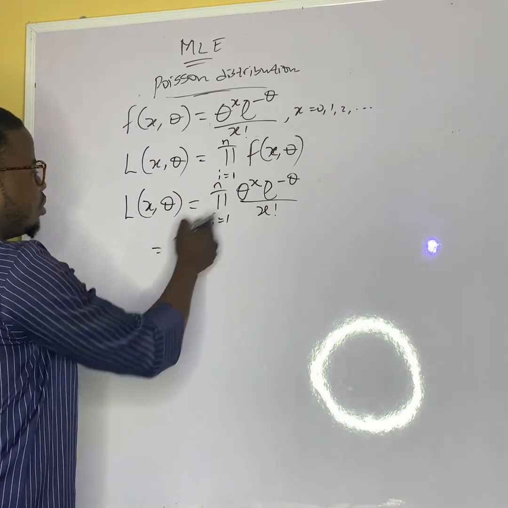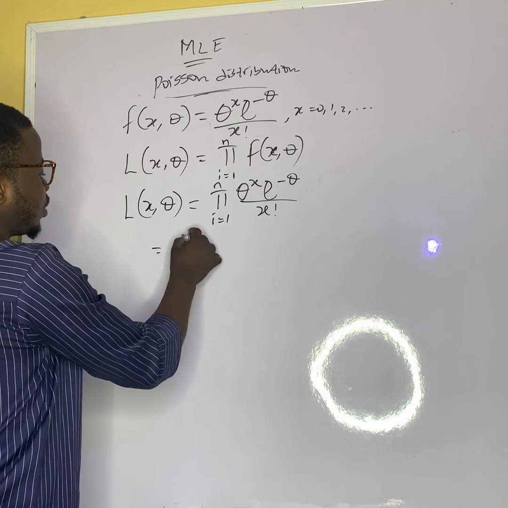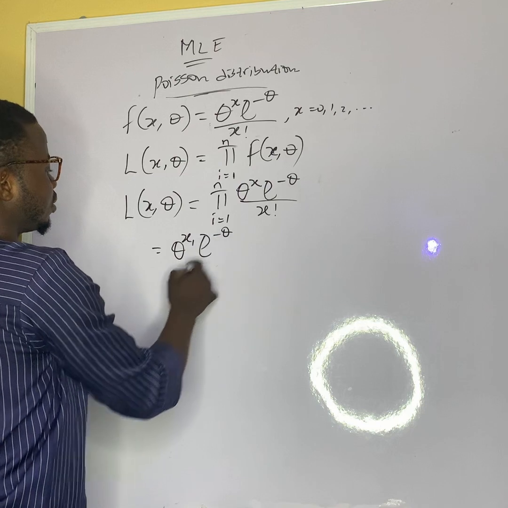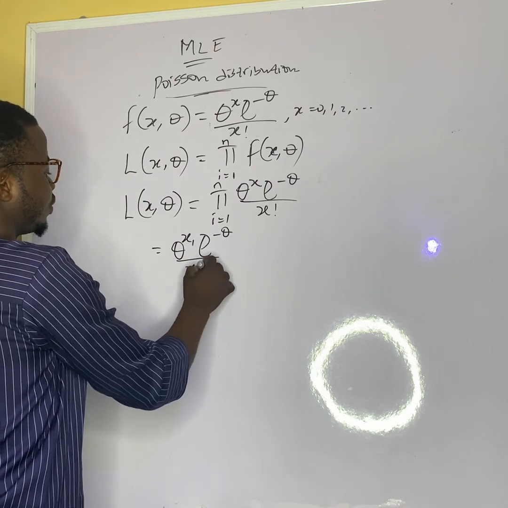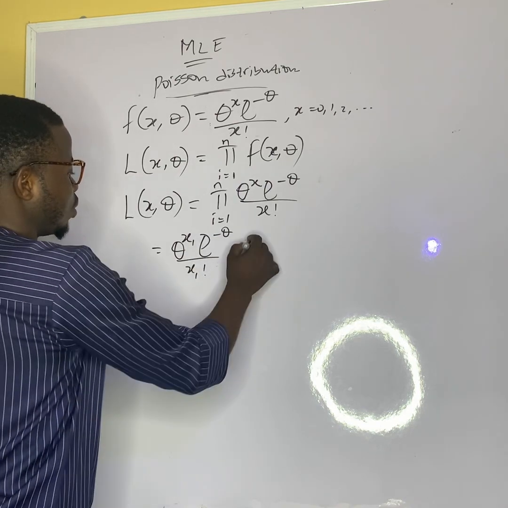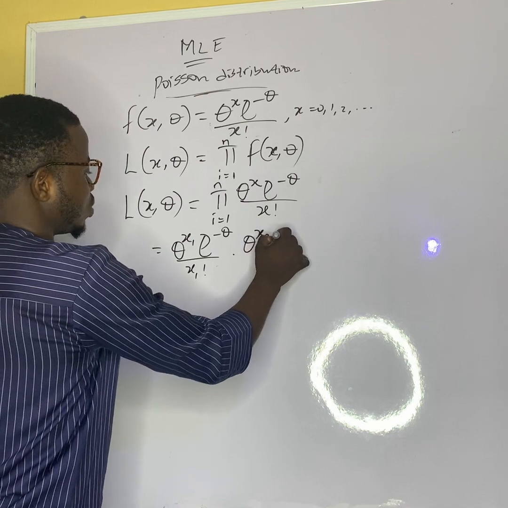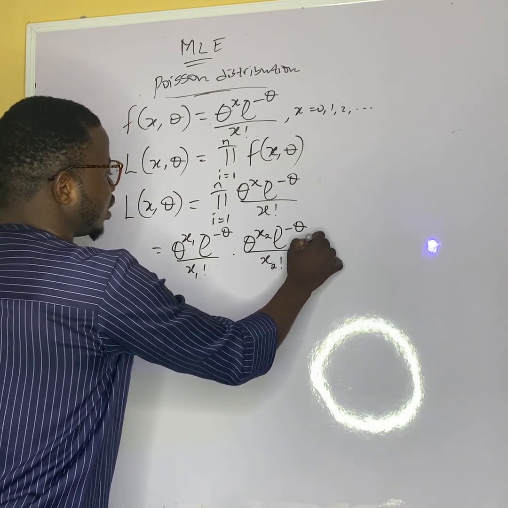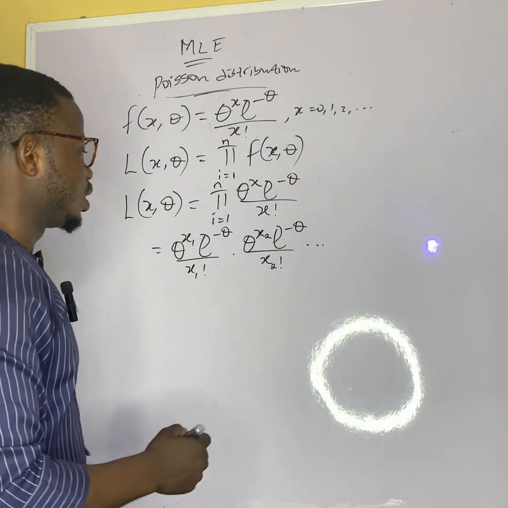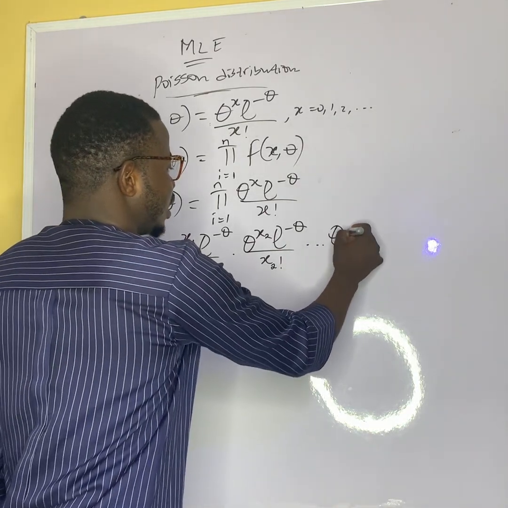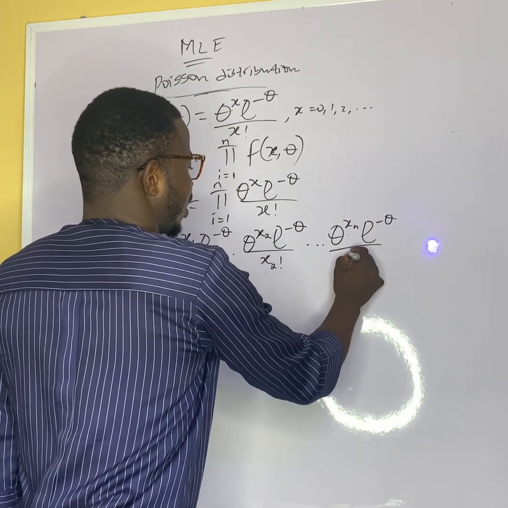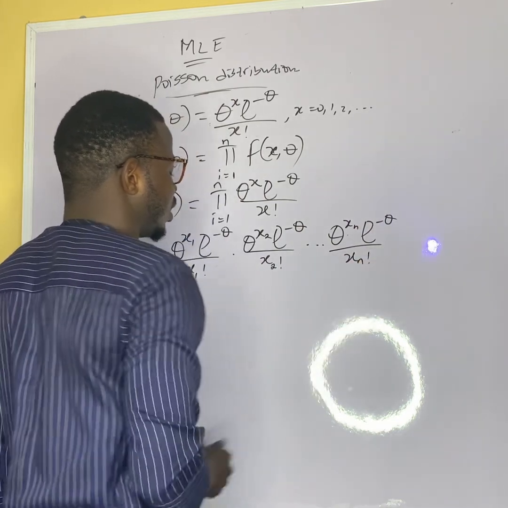Don't forget that i starts from 1 up to n. So that means we have theta raised to the power x1, exponential minus theta, over x1 factorial, times theta raised to the power x2, exponential minus theta, over x2 factorial, then a triple dot in between, up to theta raised to the power xn, exponential minus theta, over xn factorial.